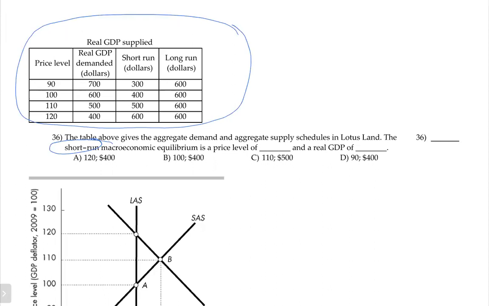For short run, we are going to look at these two columns, and this is the short run equilibrium. But in the long run, as we just studied, we are going to look at these two. So the answer here is C.